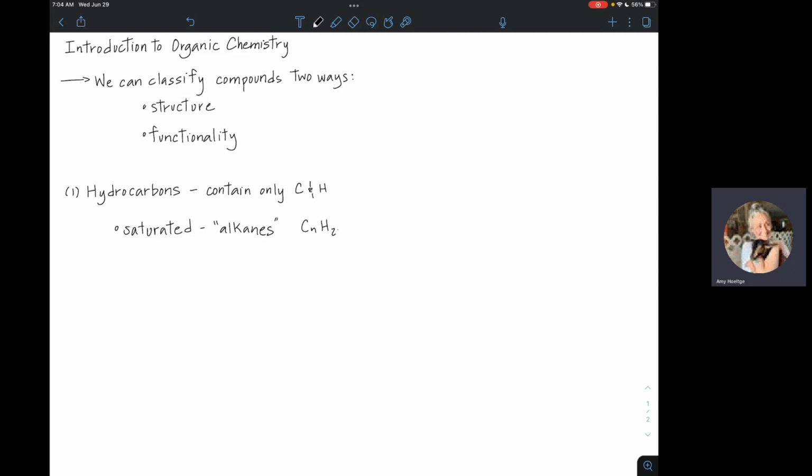These are going to be all carbon-hydrogen single bonds, so all sigma bonds.